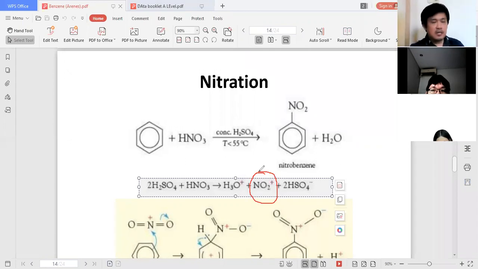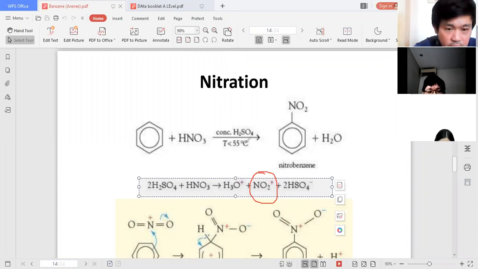So if benzene reacts with nitric acid without sulfuric acid at temperature less than 55, nothing will happen. It only happens when there is a presence of concentrated sulfuric acid and temperature less than 55. Okay, next.